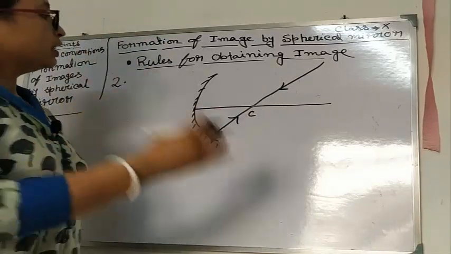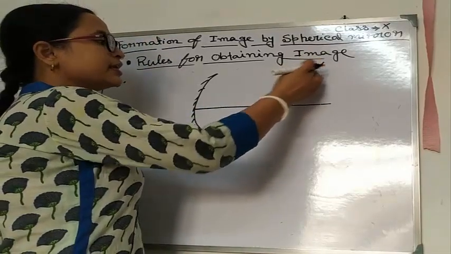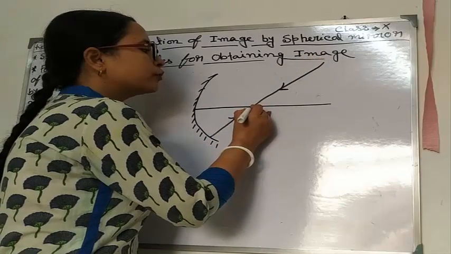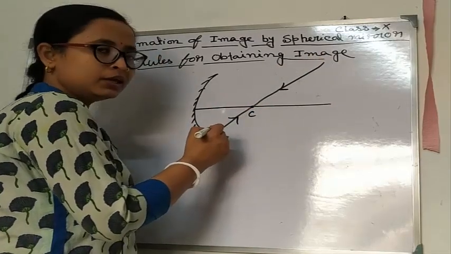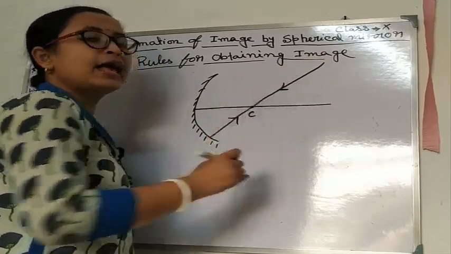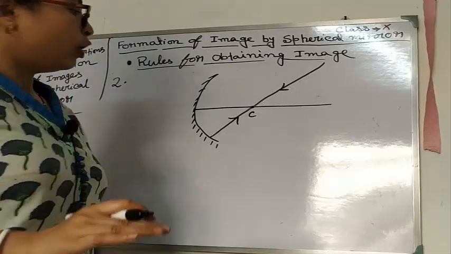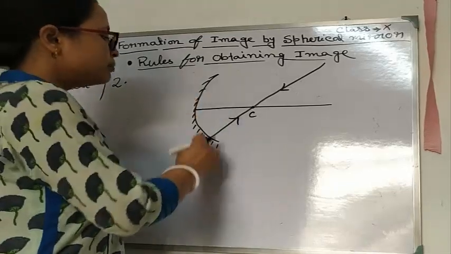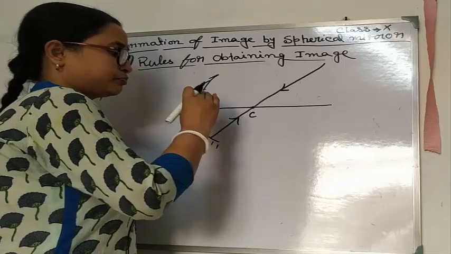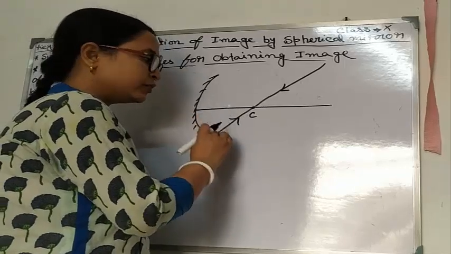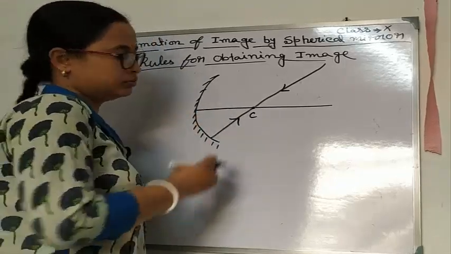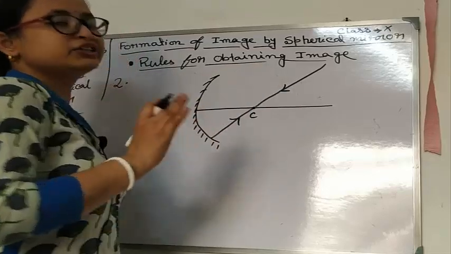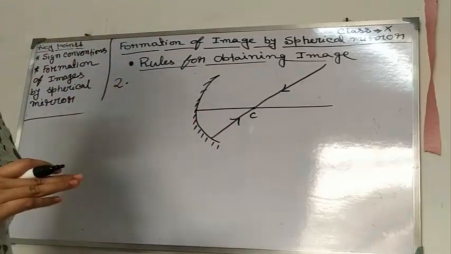That means the incident ray passing through the center of curvature, or center of the mirror, reflects back along the same path. What is the meaning of this point? The meaning is that the incident angle and reflected angle in case of this ray will be 0. So this is for concave mirror.